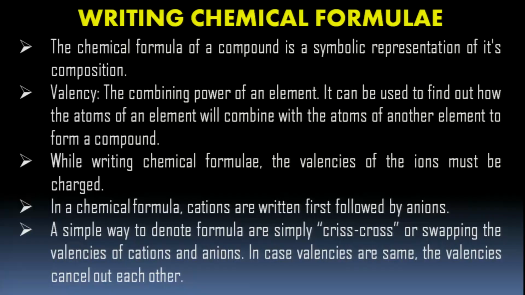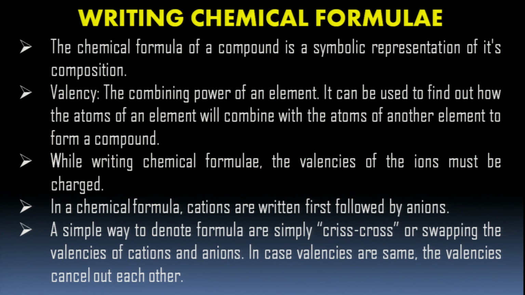Okay? Children, let's learn writing chemical formula. Those formulas of compounds we have discussed or you might have read somewhere, but how to write these formulas? We have certain steps and I'll tell you how to write it very easily. Okay, children? Be ready with your pens and chemistry notebook. The chemical formula of a compound is a symbolic representation of its composition.